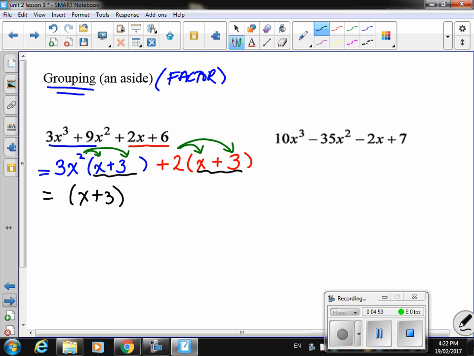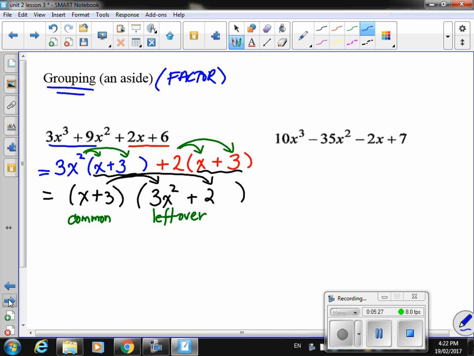So I write that as my greatest common factor and ask myself, what do I multiply it by to get the first term? 3x squared. What do I multiply it by to get the second term? 2. So when I look at my second line, my final answer will be that common bracket multiplied by the leftovers, the 3x squared and the 2.